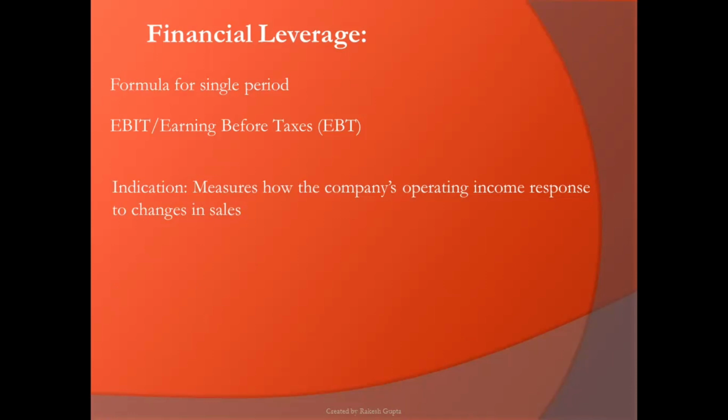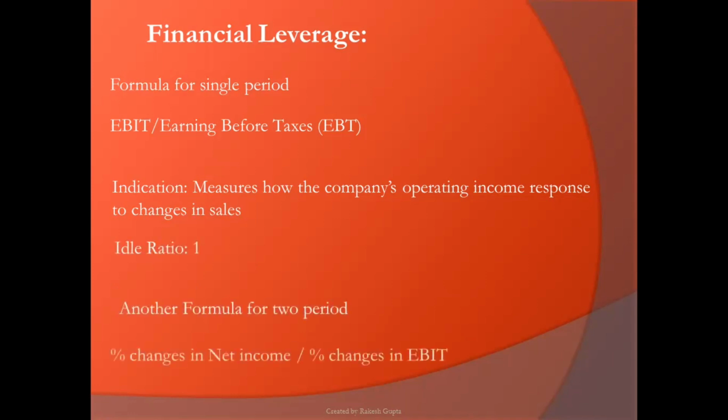A leverage ratio higher than 1 can cause a company to be considered a risky investment by lenders and potential investors, while a financial leverage ratio higher than 2 is a cause for concern. Ideal ratio is 1. Another formula for two periods: percentage change in net income divided by percentage change in EBIT.